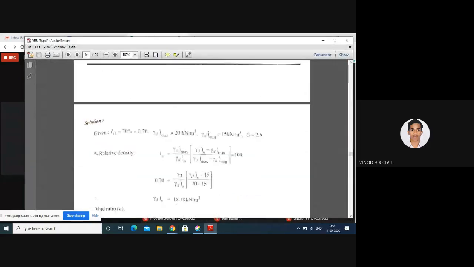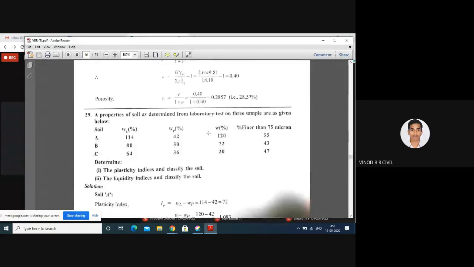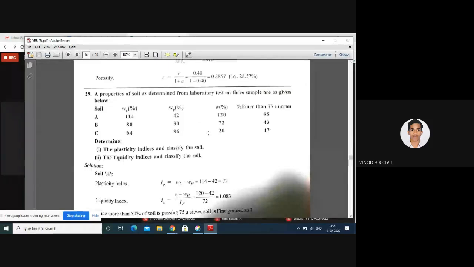Next problem. The properties of soil as determined from laboratory tests on 3 samples are given below. Soils A, B, C. Liquid limit: 114, 80 and 64. Plastic limit: 42, 30 and 36.